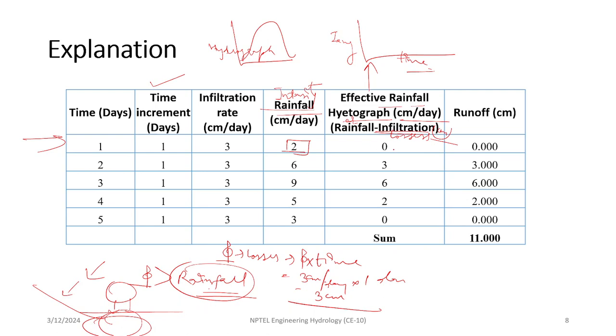That is why for generating runoff we always need effective rainfall. That is the only thing that will contribute to surface runoff. Am I right? Yes, so here in this case 0 is coming.